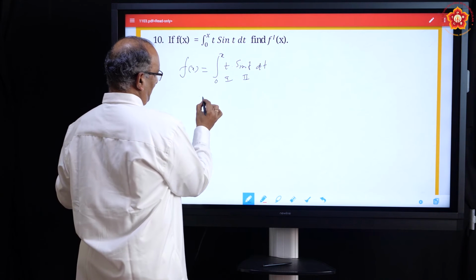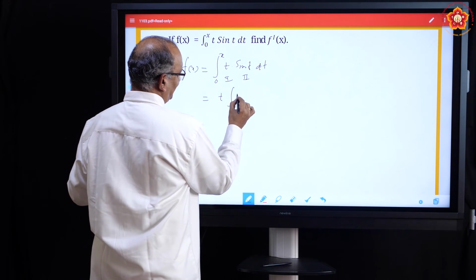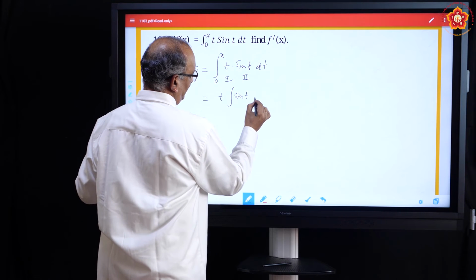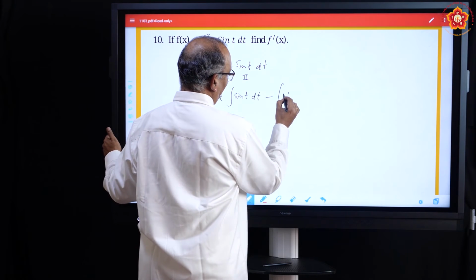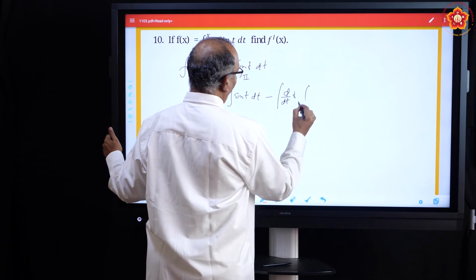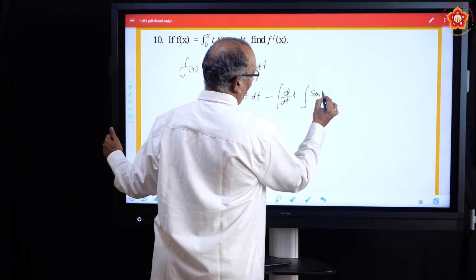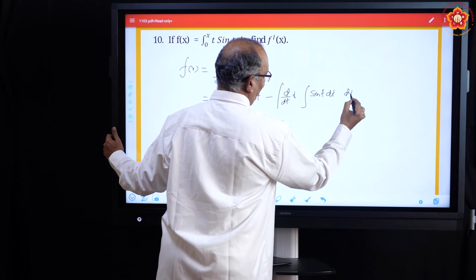So it is first function into integral of second, minus integral of d by dt of t into integral of sin t dt, and then the whole integral.